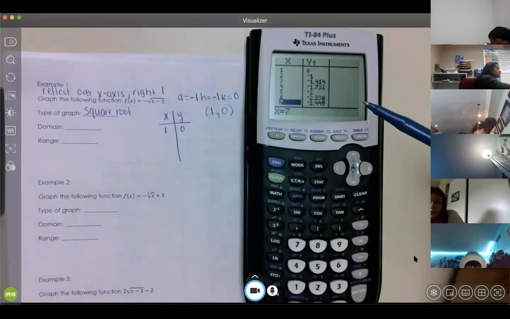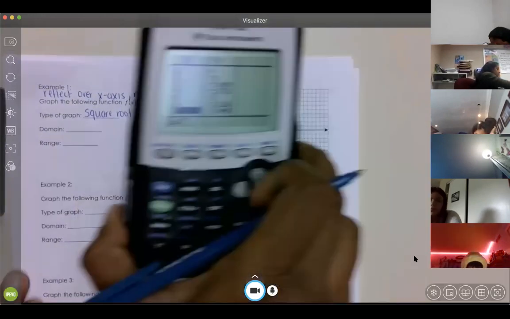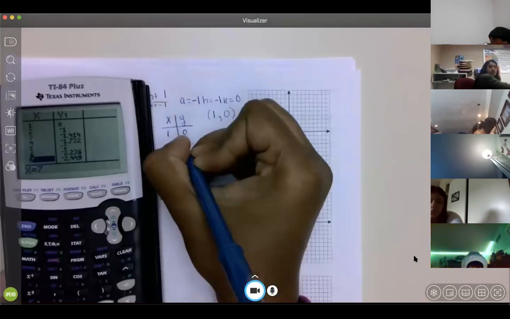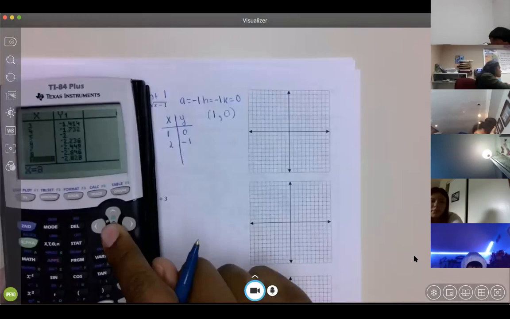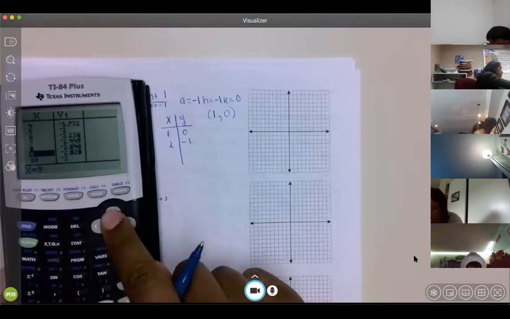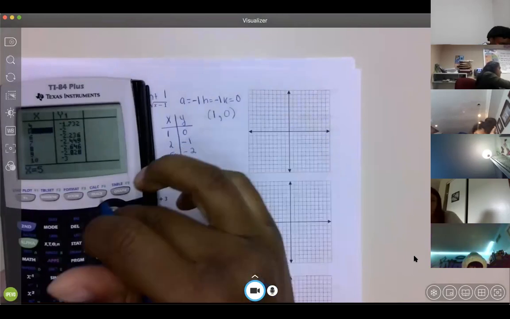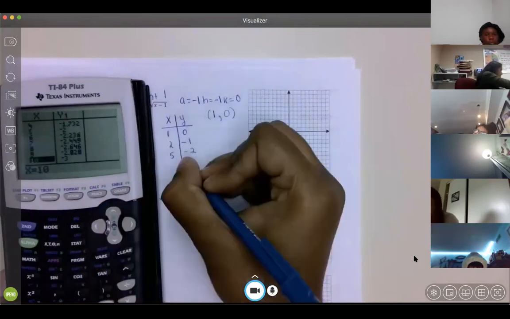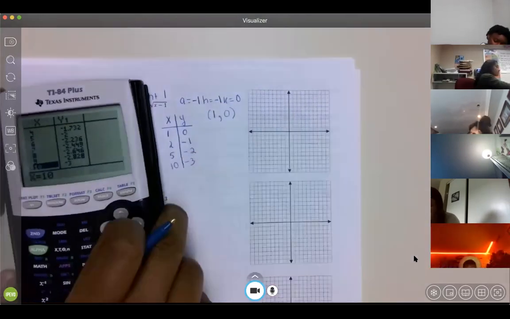So we got 1, 0. Then I'm going to go with 2, -1. And then I'm going to scroll down until I get 5, -2 will work. And then 10, -3. Any questions about that?